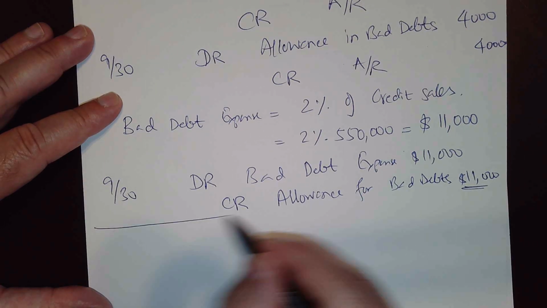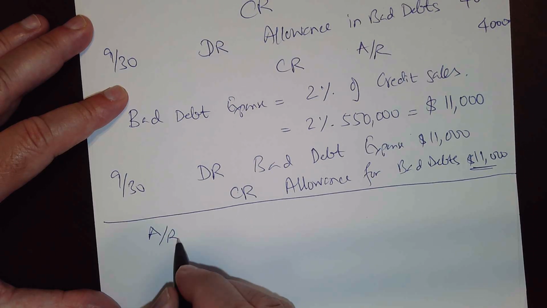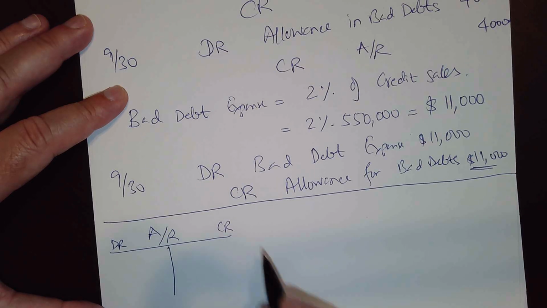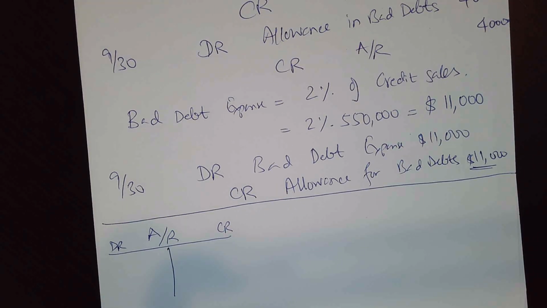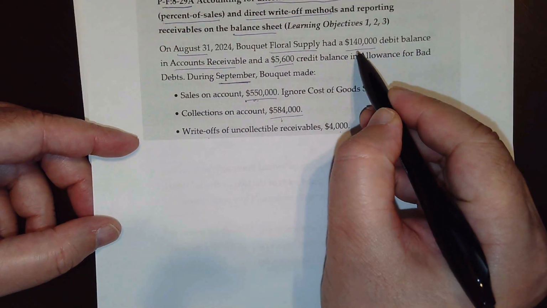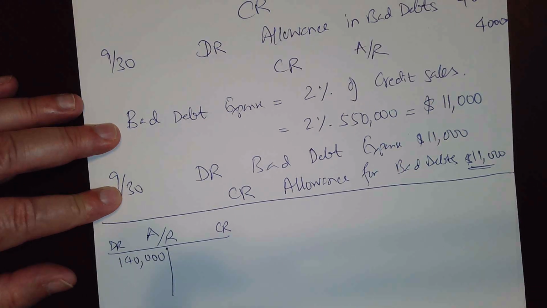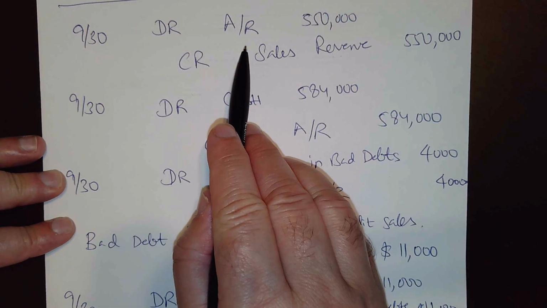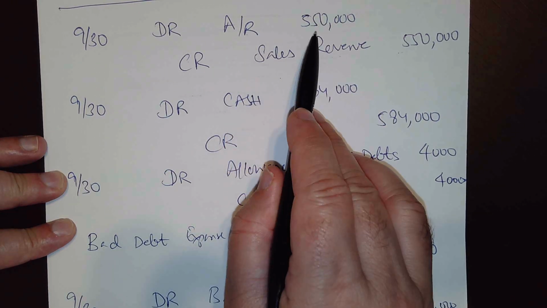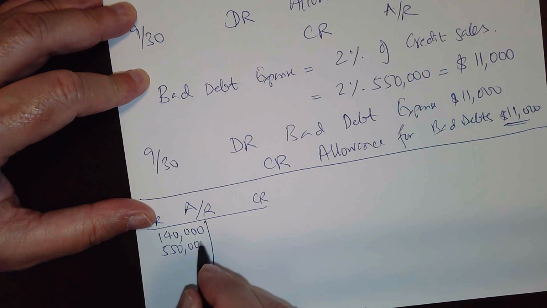I'm going to show you various T accounts. The first T account I'm going to show you is accounts receivable. As we know, the balance on accounts receivable was $140,000, so we start with $140,000, and when we make a sale on credit of $550,000, we get another $550,000 worth of accounts receivable.